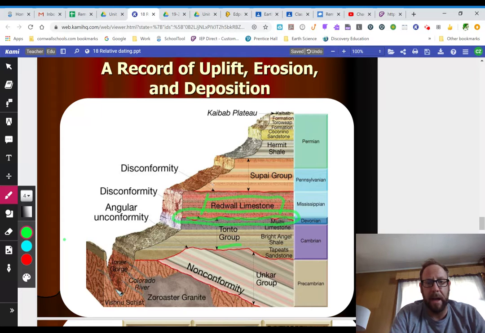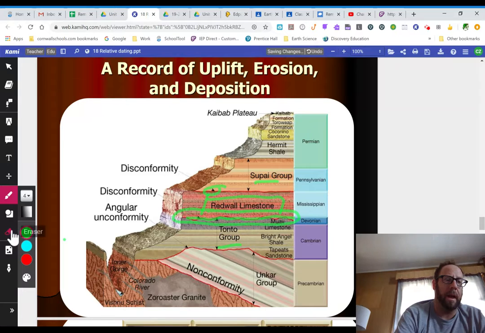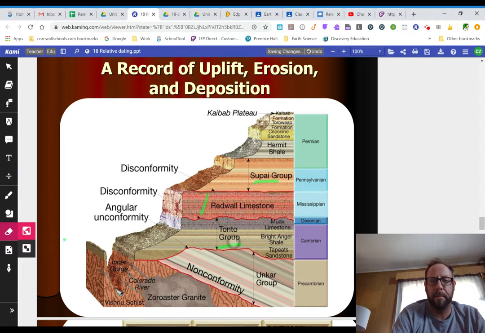Okay, same thing happened here with the Supai group. At some point in time, the red wall limestone was exposed to the atmosphere, and that caused an erosion, and then the back subsidence underwater, and the Supai group was deposited. So that's just some examples of unconformities, disconformities, and an angular unconformity.